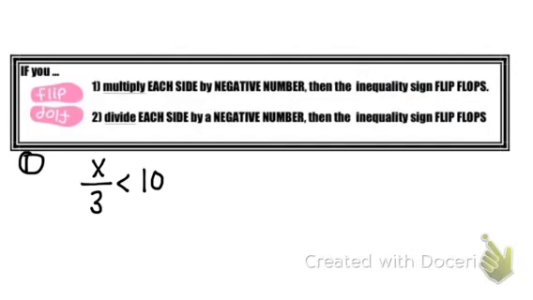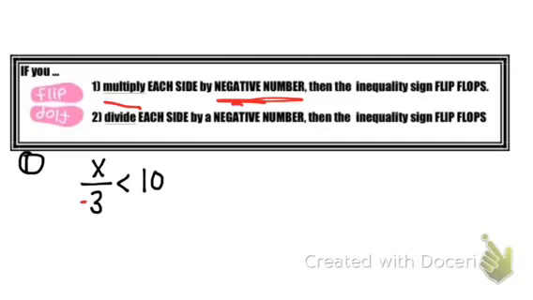Okay, so there are two specific rules that we have to follow when we solve an inequality. The first rule is that if we multiply each side by a negative number, then the inequality sign flip-flops. So if you look at this example below, x divided by 3 is less than 10. Well, we're going to make that a negative 3.